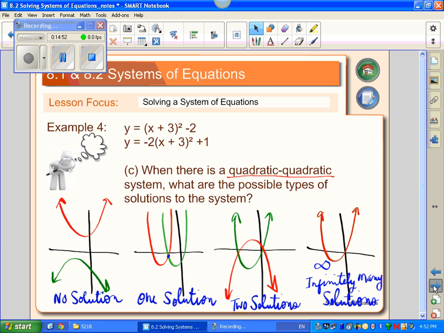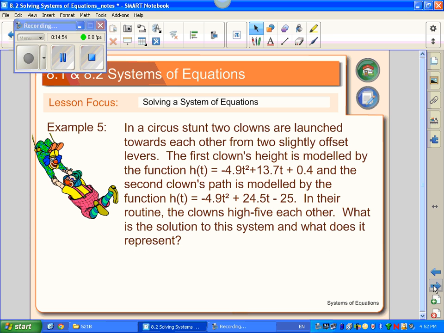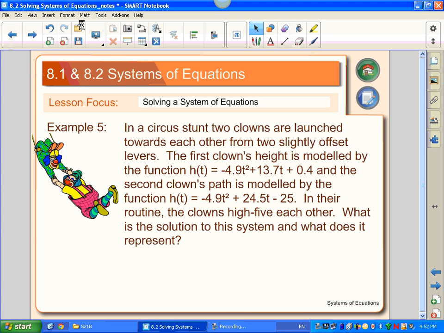Let's look at another example. Example 5 is putting some of this in context for us. In a circus stunt, two clowns are launched towards each other from two slightly offset levers. That's so that you know they're not going to hit head first into each other. The first clown's height is modeled by this function, and the second clown's path is modeled by this other function.